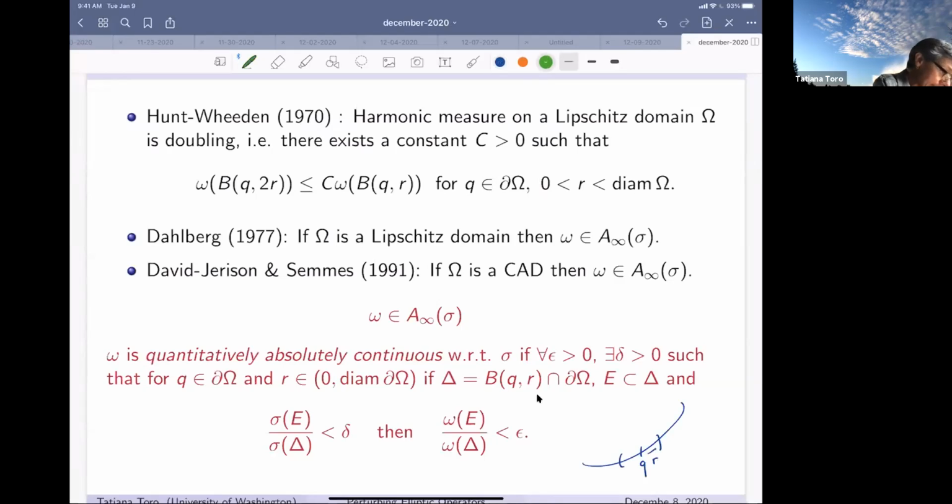And now you take a small set inside, the green thing is your small set, E. If you choose the ratio of the surface measure of E over the surface measure of the ball small enough, then the harmonic measure of E over the harmonic measure of the ball is as small as you want. Of course, this implies absolute continuity, which means if one of them is 0, omega of E is 0, sigma of E is 0, and vice versa. It doesn't show the vice versa, but it is true here. But it's more a relative size thing, okay?